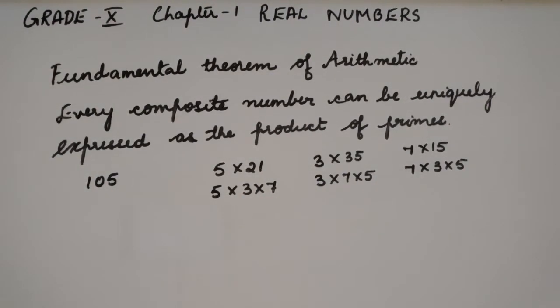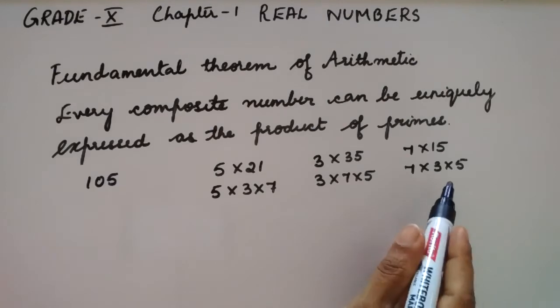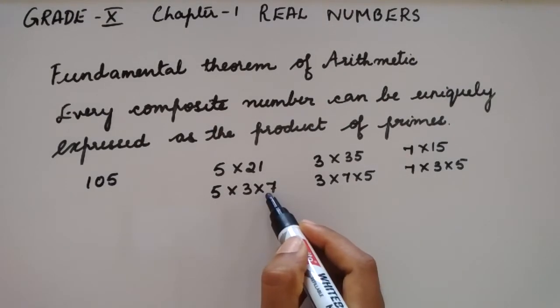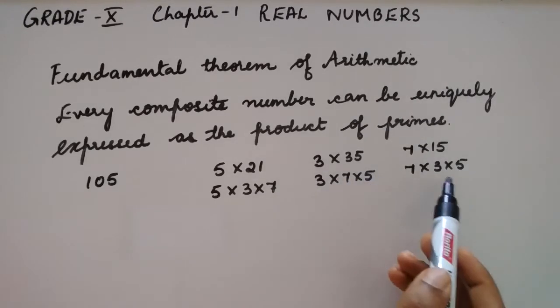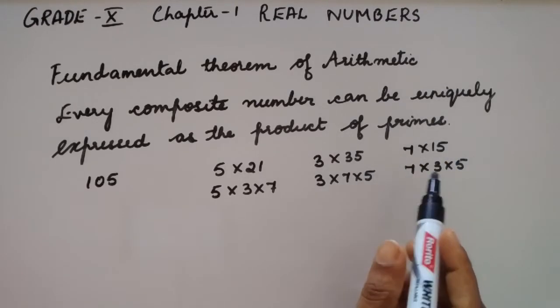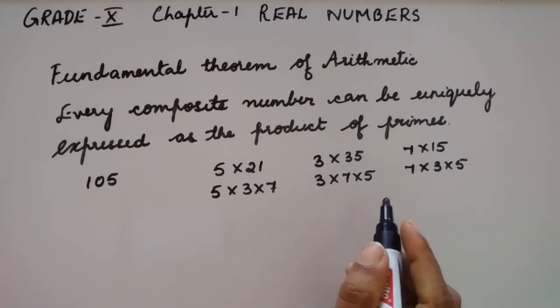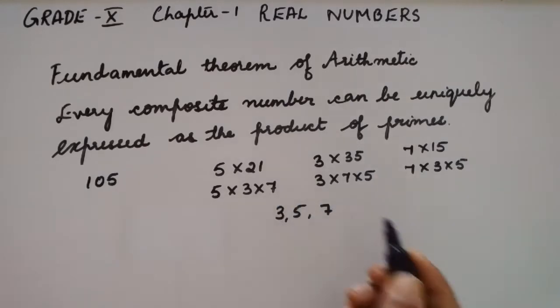And the order in which these prime factors occur is different. Here the order is 5, 3, 7. In this case it is 3, 7, 5. And in this case it is 7, 3, 5. But in all the cases the prime factors remain the same, isn't it, students? So it is 3, 5 and 7.